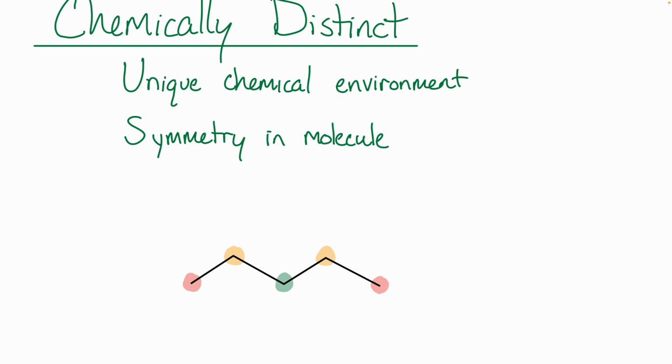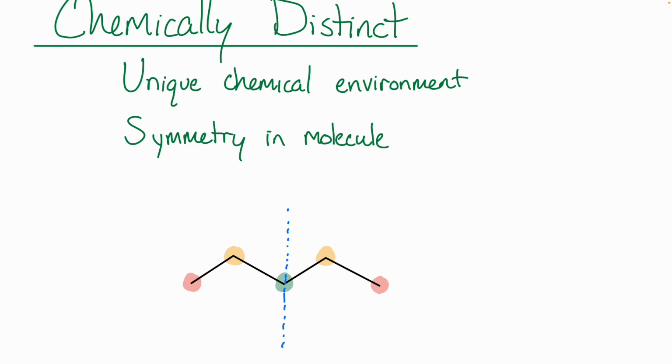I can tell that this has these 3 chemically distinct groups of carbons because there is a plane of symmetry that cuts right through that molecule. Okay? So in our spectrum of pentane here, we would expect to see 3 peaks, right?